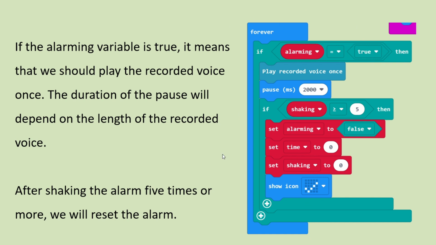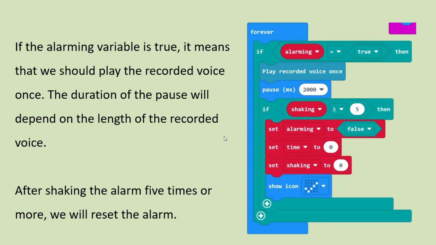So when it go back, because the alarm is false, this part is not done again. So we will then be able to stop the whole alarm. And after stopping the alarm, we would like to also initialize everything. That is, we would like to have the whole device to go back to the very beginning condition. So that's why we need to set the time to be 0, shaking value to be 0, and then we show the icon tick here to go back to the very beginning condition of the device.